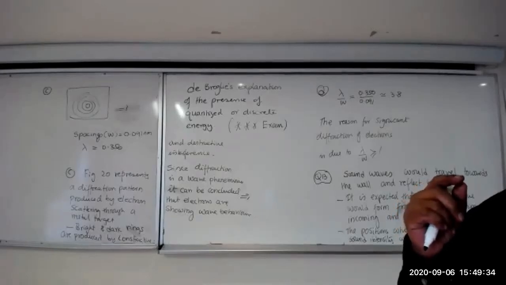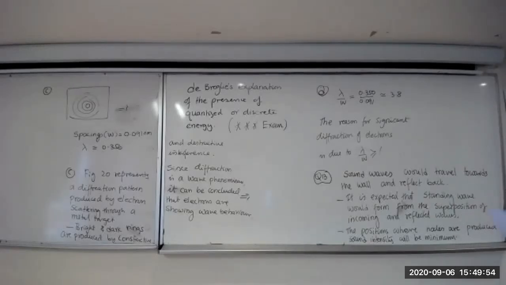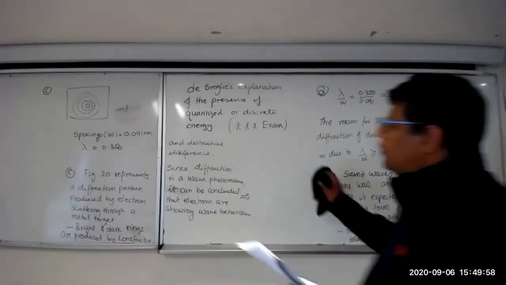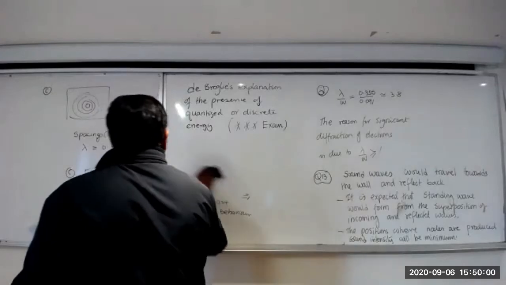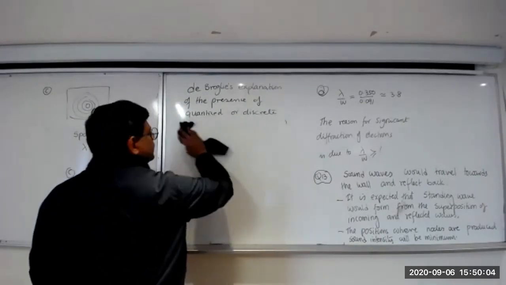When you're passing a nodal point, there is no pressure variation, because this is a longitudinal wave, so she will recognize those points as the quiet points. So when Phoebe walks along, she will hear a series of high intensity and low intensity sounds.